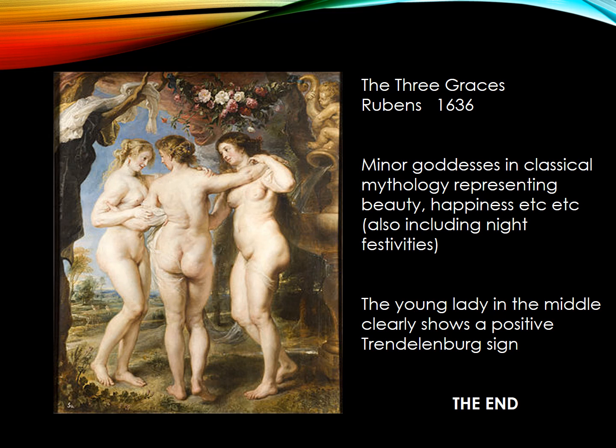This beautiful painting you can see by Peter Paul Rubens in 1636, which is in the Prado in Madrid, shows the three Graces, who were minor goddesses in classical mythology, representing all sorts of things like beauty and happiness and whatever. But one of the reasons for showing it is that the middle lady with her back to us is standing on her left leg and her pelvis is tilted down.